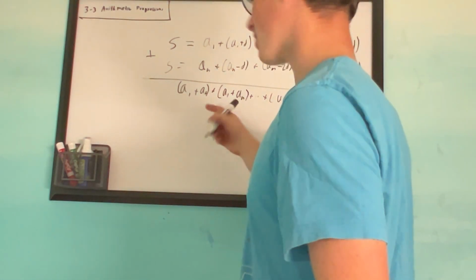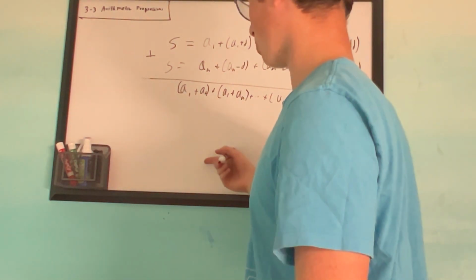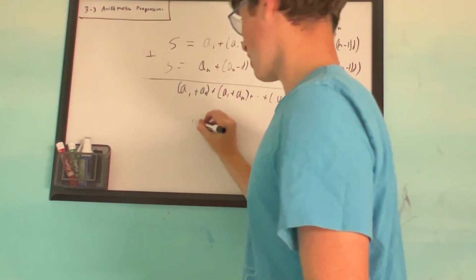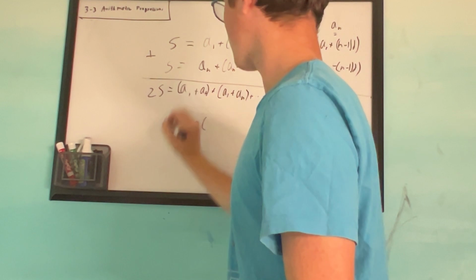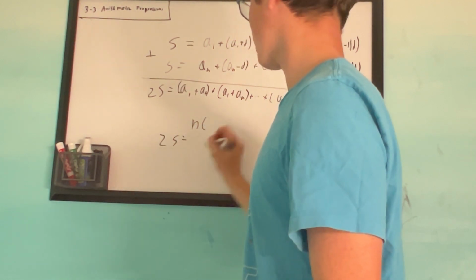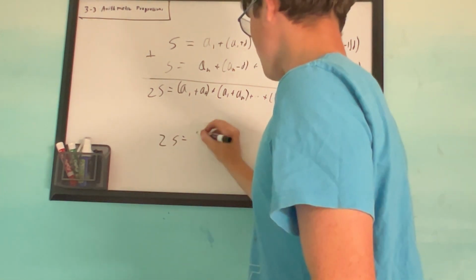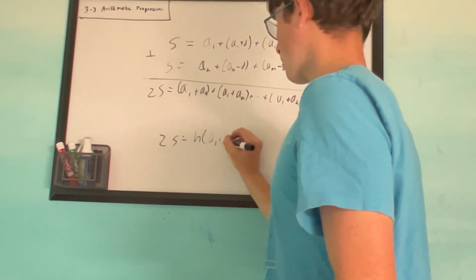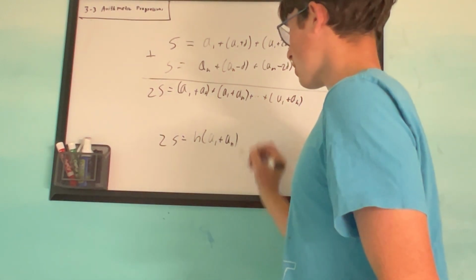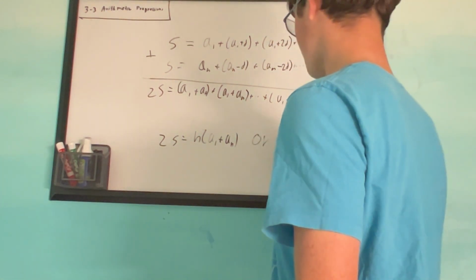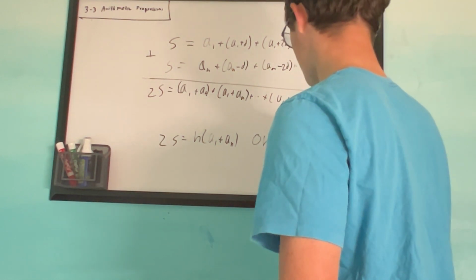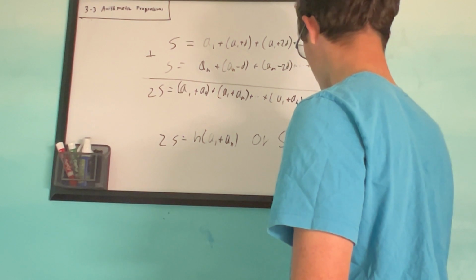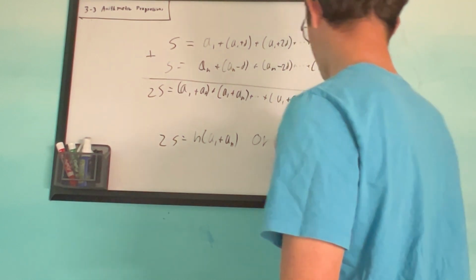Which means that, using our definition of multiplication as repeated addition, 2S equals n times a1 plus a sub n, or S equals n times a1 plus a n, all over 2.